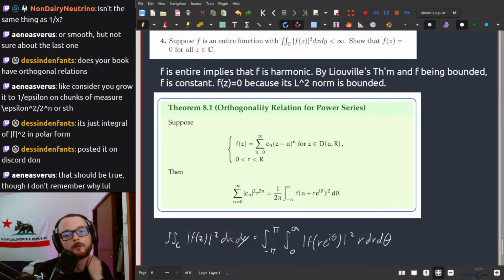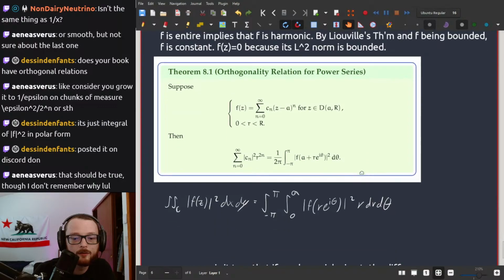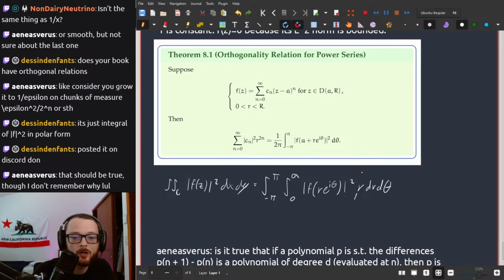Like that. And then, I mean, the R kind of seems like a problem.